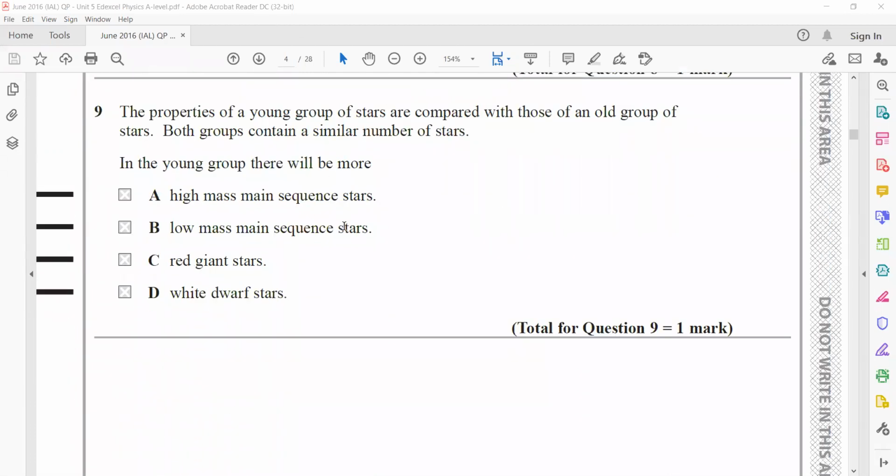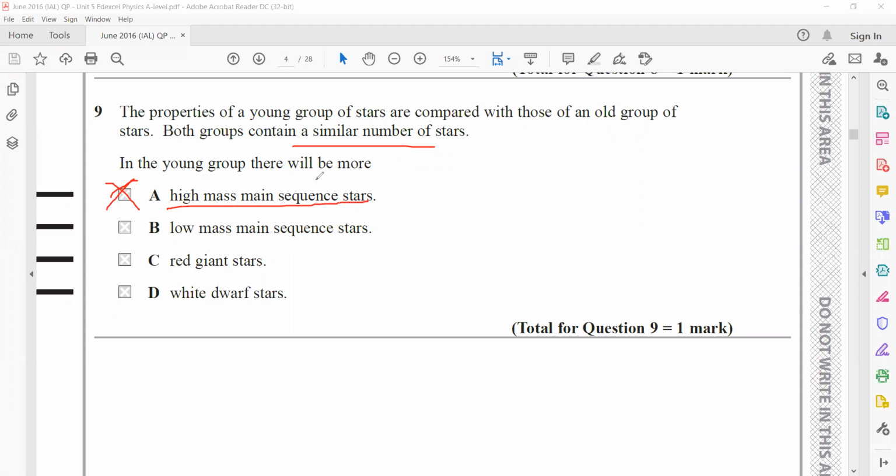The properties of a young group of stars are compared with those of an old group of stars. Both groups contain a similar number of stars. In a young group, there will be more high mass main sequence stars. Why? Because low mass main sequence stars remain in the main sequence for a longer period of time. So the old group and the new group may have the same number of low mass main sequence stars.